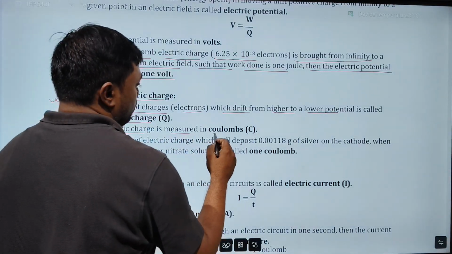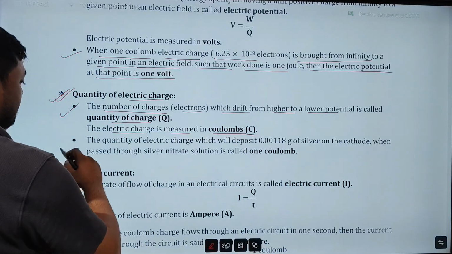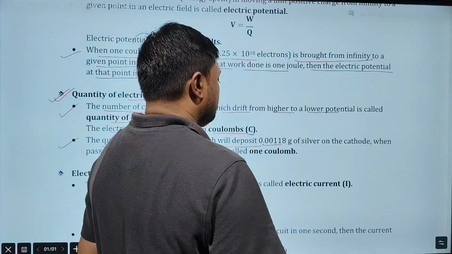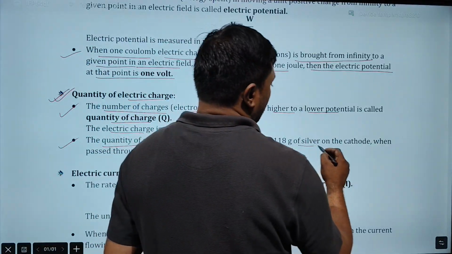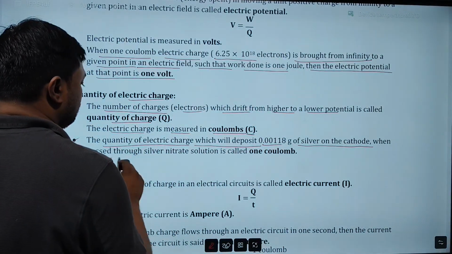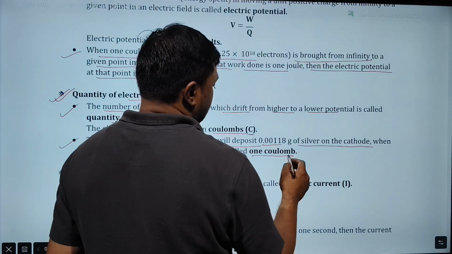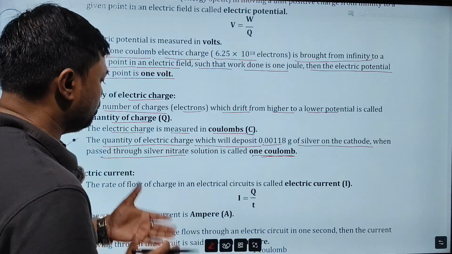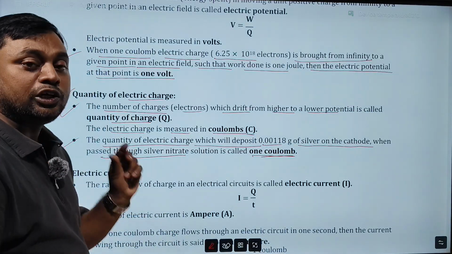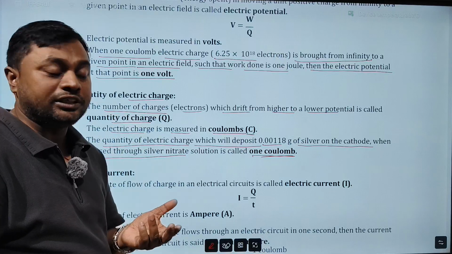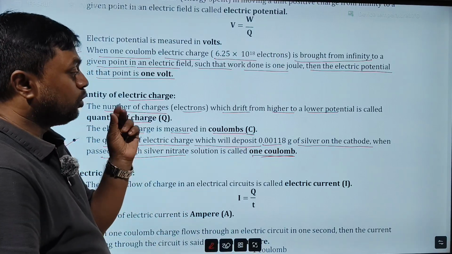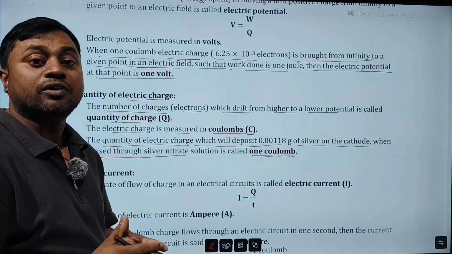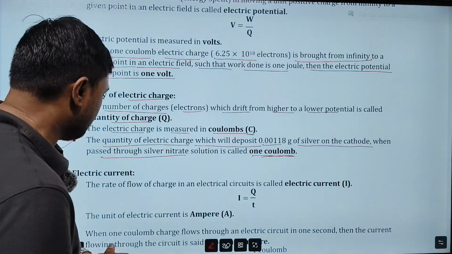Electric charge is measured in coulombs, we write capital C. The quantity of electric charge which will deposit 0.00118 gram of silver on the cathode when passed through the silver nitrate solution is called 1 coulomb. This is the definition of 1 coulomb. It is not in the syllabus, but you should know what 1 coulomb actually is.